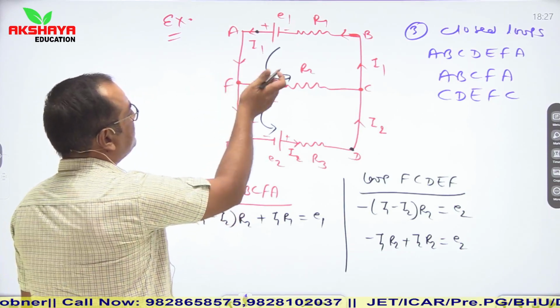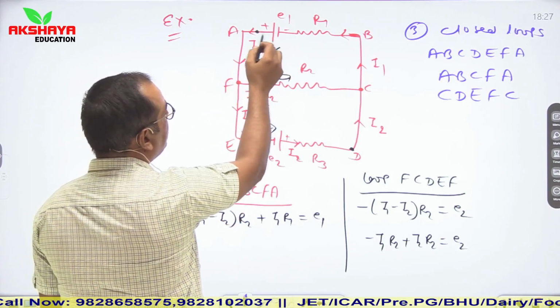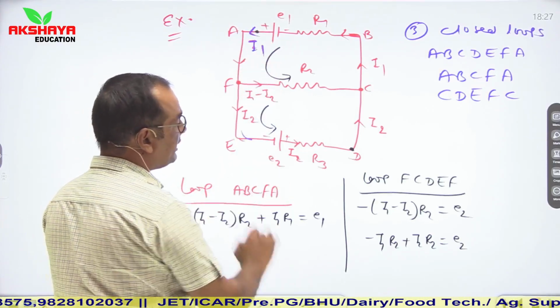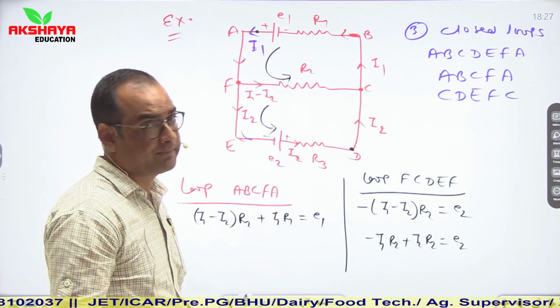See, I am considering here that from the cell of EMF E1 current I1 is flowing. Similarly from the cell of EMF E2 current I2 is flowing.